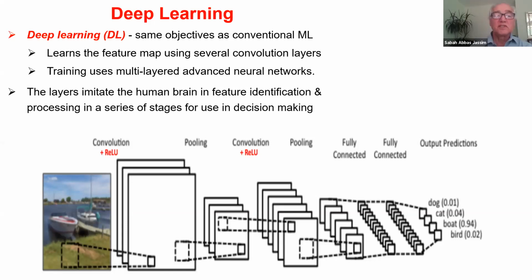The layers are meant to imitate the way the human brain processes feature identification in a series of stages. So the illustration down there shows a diagram of two convolution layers plus two fully connected ones.